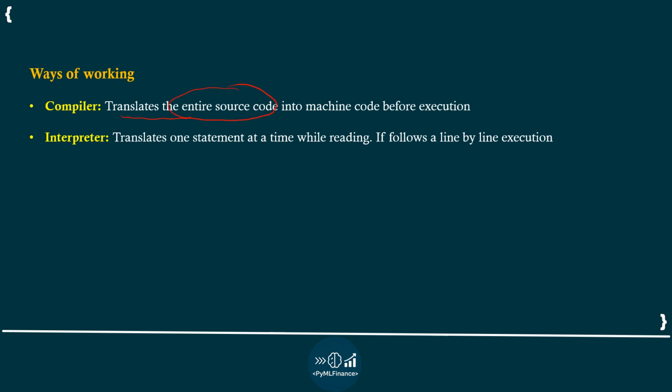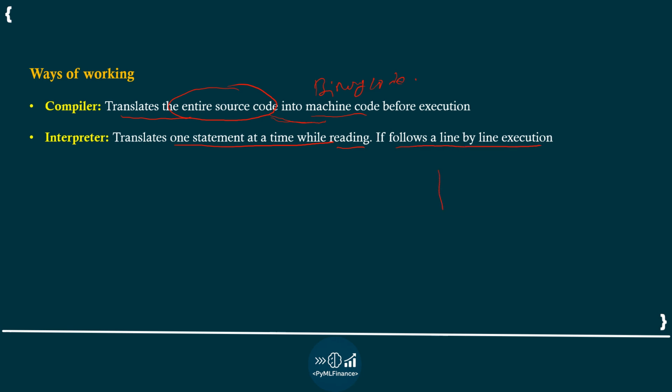It scans all the code that we have written and translates it into binary machine code in one go, before the machine starts executing it. Whereas the interpreter translates one statement at a time while reading. It follows a line by line execution.